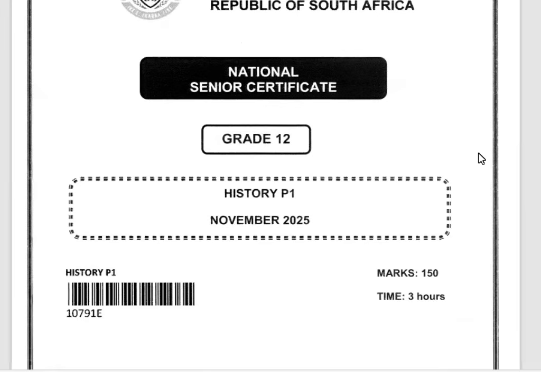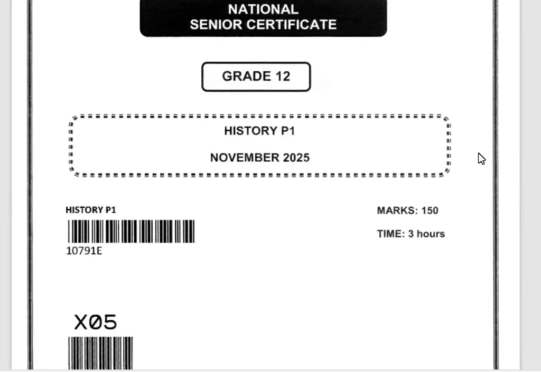Right, as usual, you understand our history paper is comprised of 6 questions, with 3 source-based questions and 3 essay questions, of which you are supposed to answer either 2 source-based questions with 1 essay, or 2 essays and 1 source-based question, which implies that a total of 3 questions must be answered, with each question having a total of 50 marks to make it 150 marks in a time frame of 3 hours.